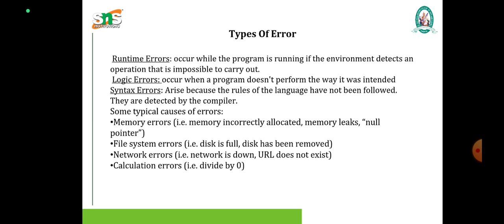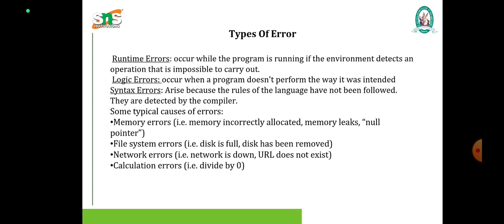Let us see about the types of error in exception handling. There are basically three types of error available in exception handling. They are runtime error, logic error and syntax error. So let us see about the runtime error. The error which occurs while the program is running, that is, the environment detects an operation that is impossible to carry out, is called a runtime error.